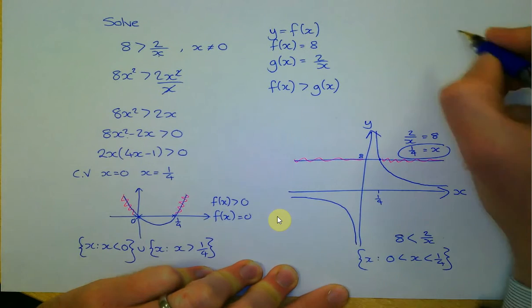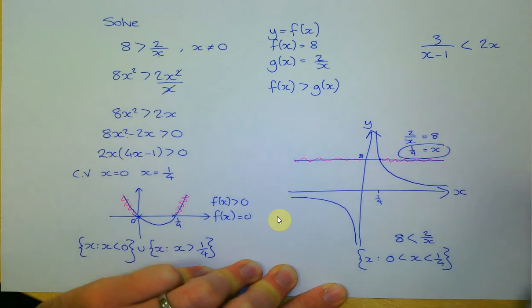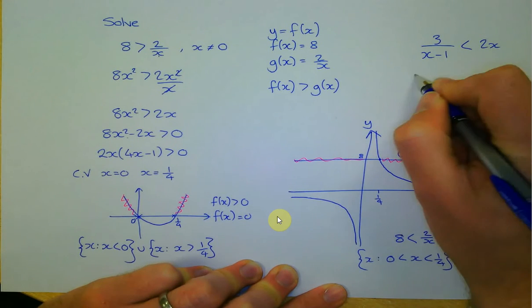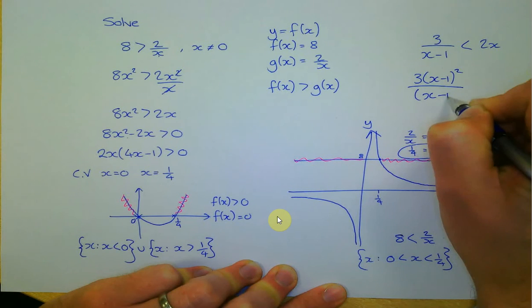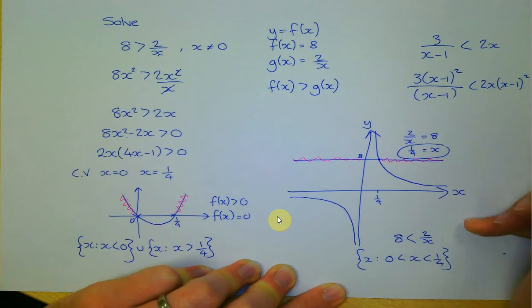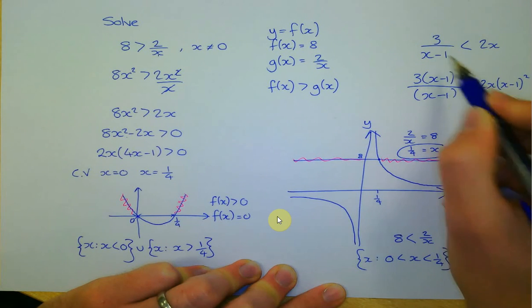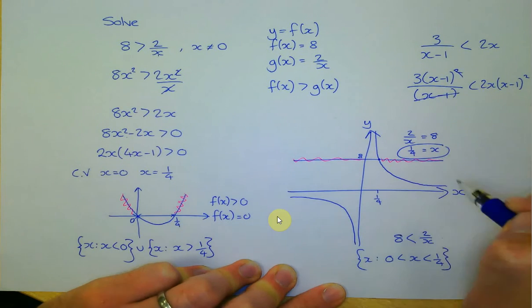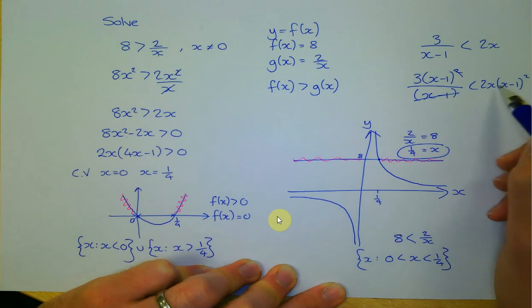It's probably worth mentioning quickly, if I had something like this, I would have to multiply by x minus 1 squared. Because the only way I can guarantee that that is positive is by squaring it. The denominators would go, that's what I wanted to happen, and I've got a quadratic. Actually, this one's cubic, but that's for another day.